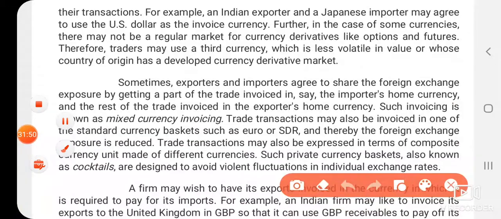I have taken both countries and their currencies. Sometimes exporters and importers agree to share the foreign exchange exposure by getting part of the trade invoiced in, say, the importer's home currency and the rest of the trade invoiced in the exporter's home currency. Such invoicing is known as mixed currency invoicing.